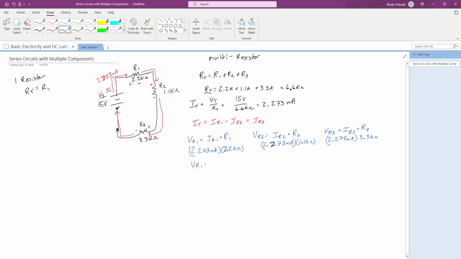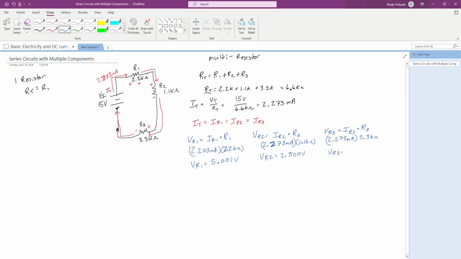So VR1 is equal to 5.001 volts, so round it off. I'm going to get that same 0.002273 times my 1100. So this one, my VR2, is 2.500 volts.